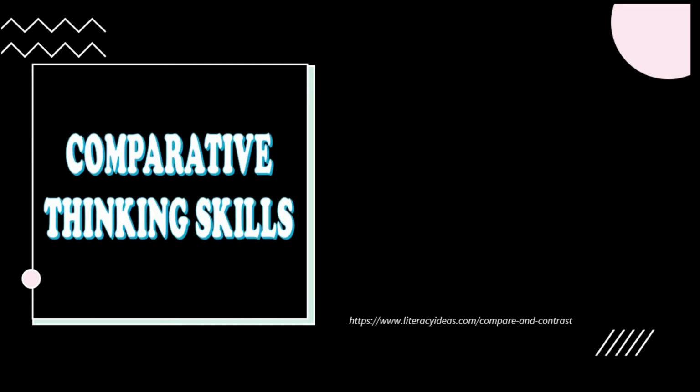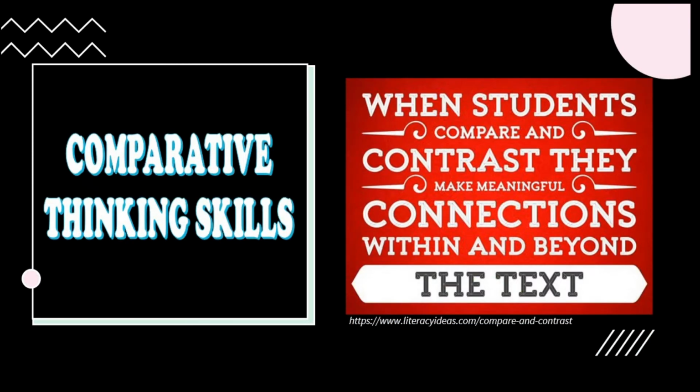Comparative thinking skills. Now, I want you to look at this one and then try to think what you can perceive out of this line. There you go. When students compare and contrast, they make meaningful connections within and beyond the text. That's very helpful, especially when you are reading an article, a text, or anything that can be read.